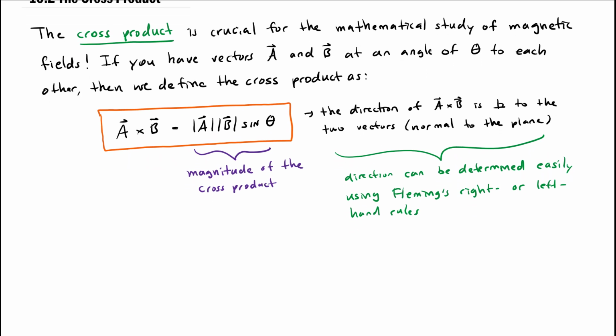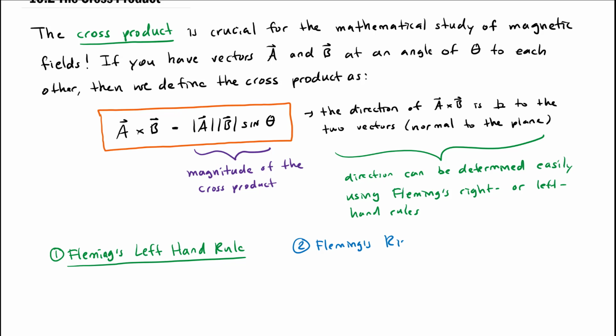Naturally, our discussion is going to lead us to those two rules. Pick the one that you're most comfortable with and stick with that one because both of them work. So number one, I want to talk about Fleming's left-hand rule, and then I'll talk about Fleming's right-hand rule.